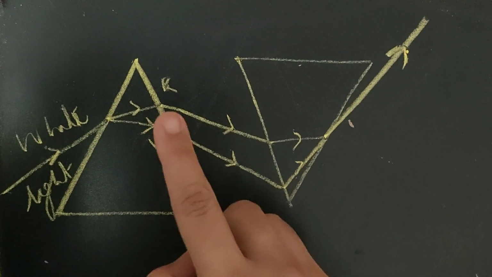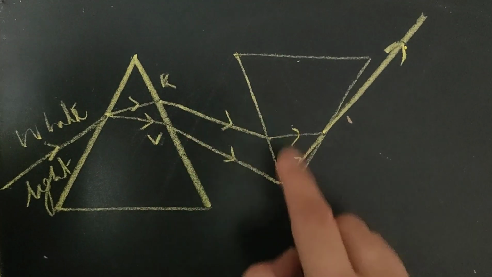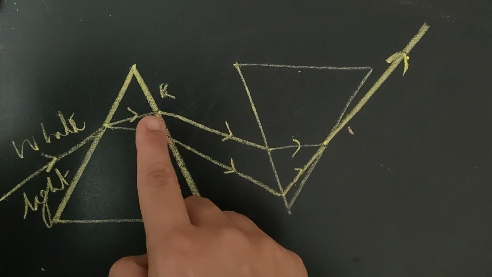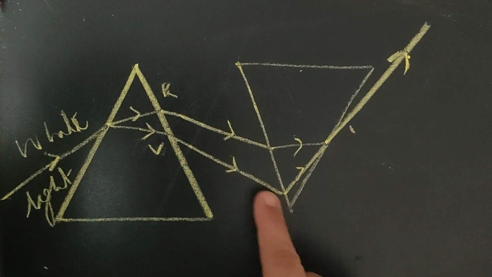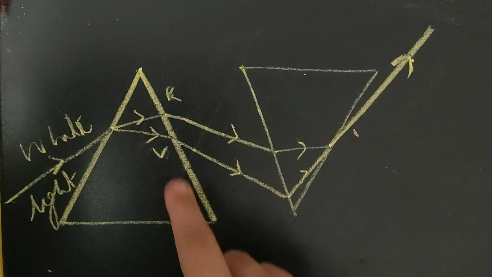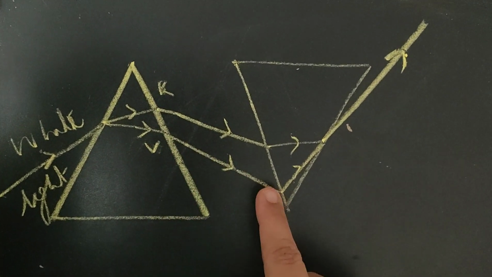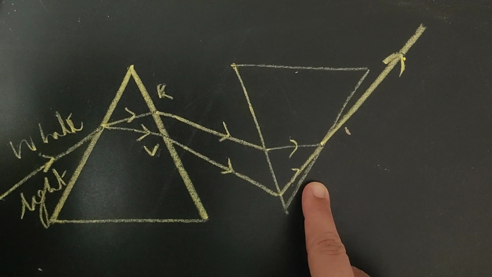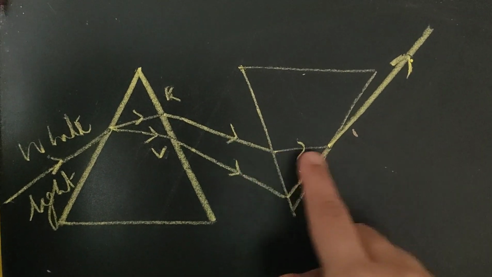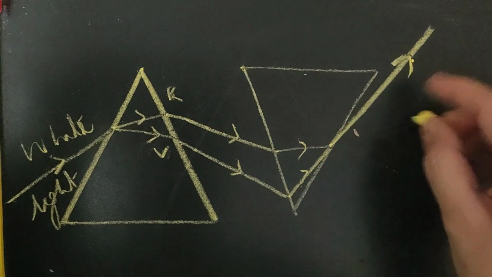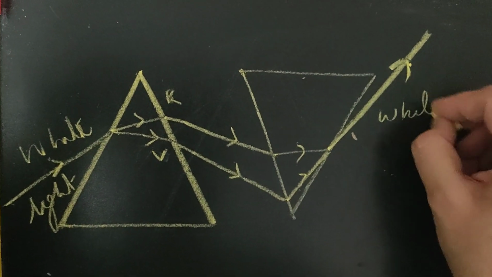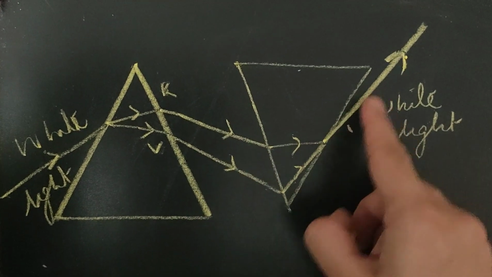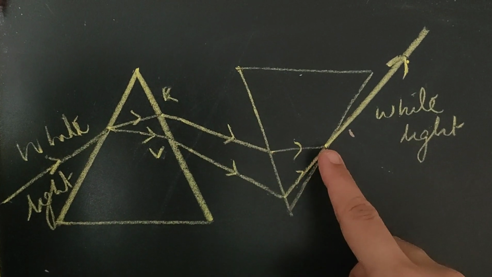Again I am repeating, I have not drawn all the 7 colors because otherwise the diagram will not look very clear. So I have only shown the topmost and the bottommost color here, red and violet. And when these 7 colors strike the inverted prism placed next to the first prism, it is observed that these 7 colors recombine and they give out white light again. So this is known as the recombination of white light. The white light is formed after the recombination of these 7 colors.